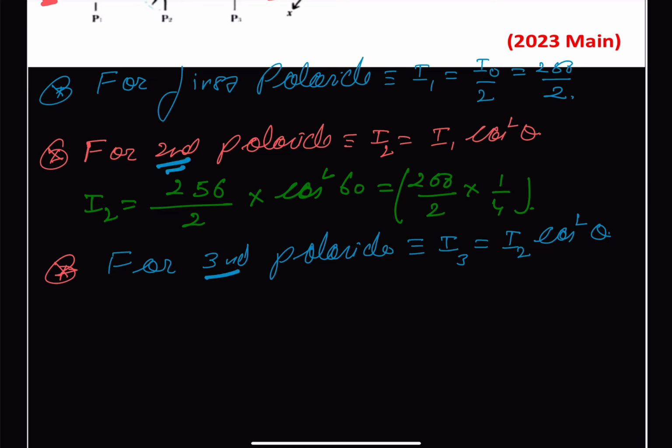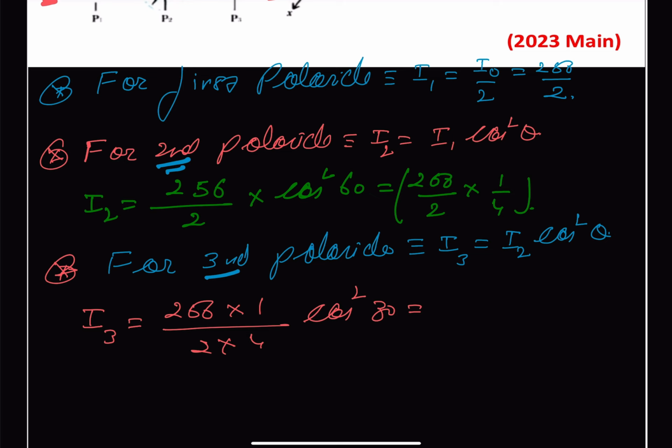Therefore we can write that our I3 will be equal to I2, we just found out, 256 multiplied by 1 by 4, and this becomes cos square of 30, and cos of 30 is square root 3 divided by 2 and it whole square.